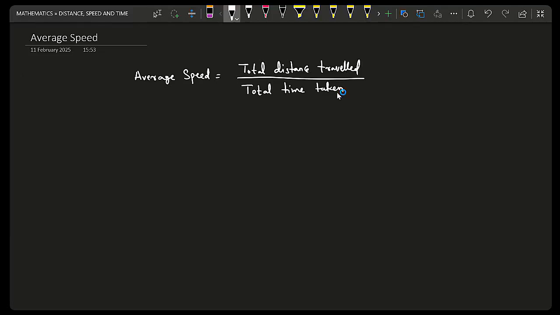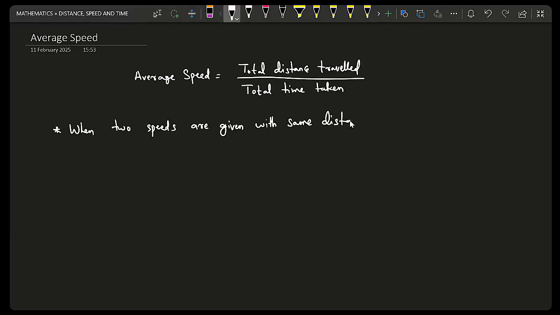Generally you can use this formula, but there is a shortcut only in one case: when two speeds are given with the same distance to travel.